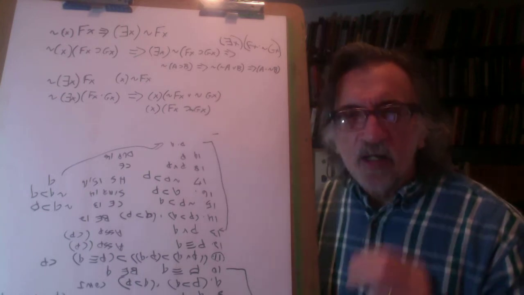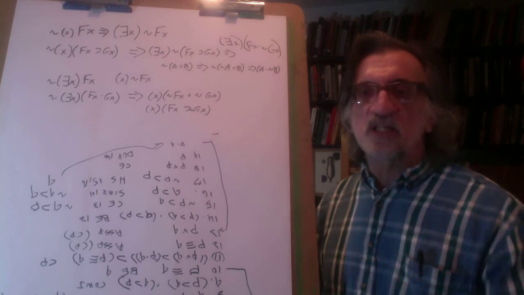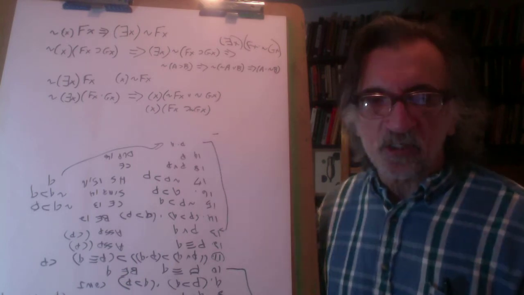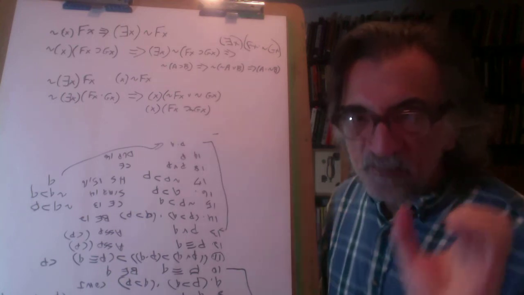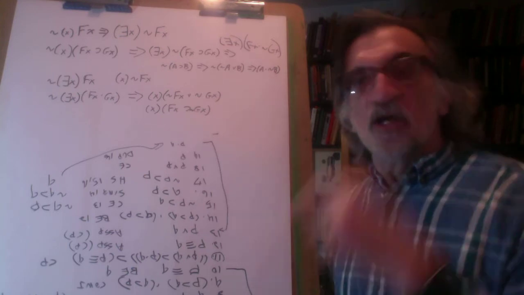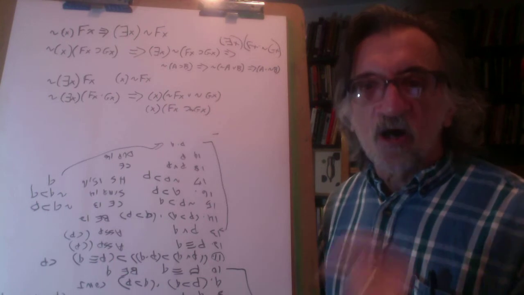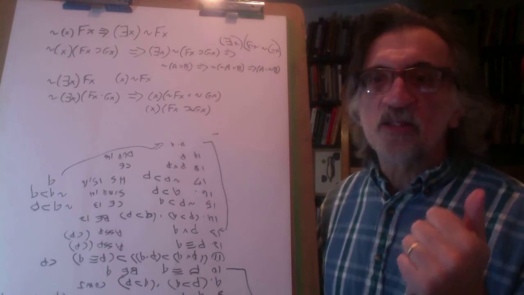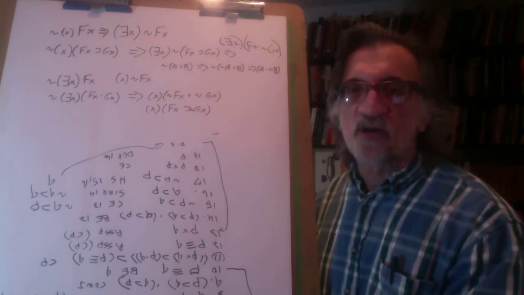Moving from the symbology of quantifiers into propositional logic is called instantiation. Moving from what is, in effect, propositional logic back to the structure, the symbology of first-order logic is called generalization. Sometimes we've got universal quantifiers, sometimes we've got existential quantifiers.